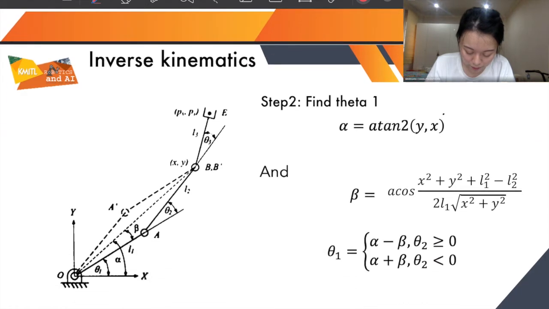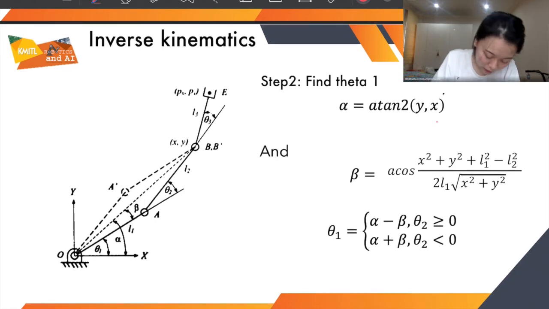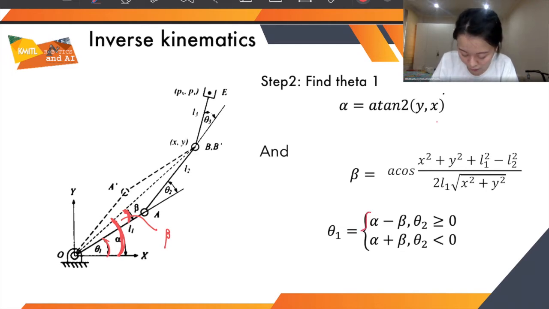And next is to find theta 1. Theta 1 is alpha, the atan of y over x, minus beta. It came from this angle: alpha is theta 1 plus beta. So we have to find beta. Beta comes from acos of this term, and we will separate it into two cases because theta 2 can have a positive value and a negative value.